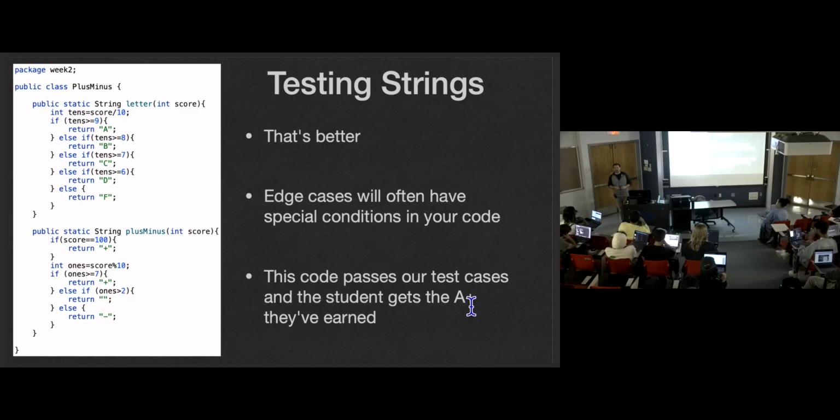This one will pass those 4 test cases, and then go back to writing more test cases. And then, as I mentioned, I would write a test case for like 101, 110, in case I give bonus points. All the different Fs, I want to make sure if you get a super bad grade, you don't wrap back around to an A, things like that. And checking the boundaries, as I mentioned.